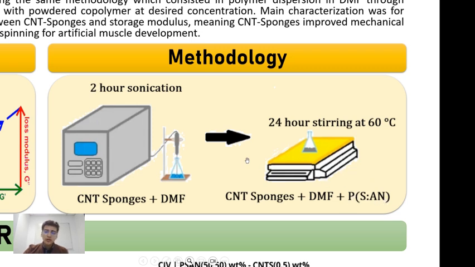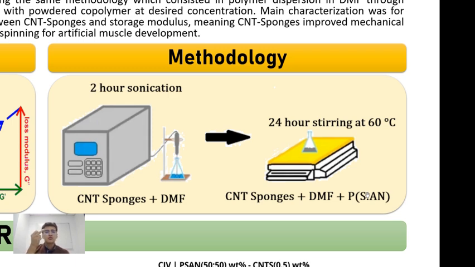In this work, we used different concentrations of the copolymer in terms of the monomer concentration and different concentrations of the carbon nanotube sponges. For the concentrations of the copolymer, we used four variations. The first variation is 0% styrene and 100% acrylonitrile. The second concentration was 20% styrene and 80% acrylonitrile.